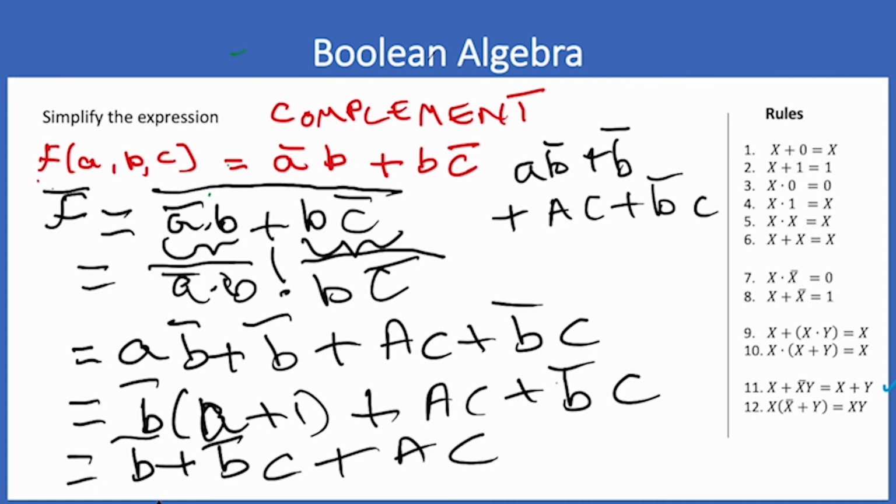But B bar plus B bar C, these two right here, is equal to B bar times 1 plus C, which is just equal to B bar.